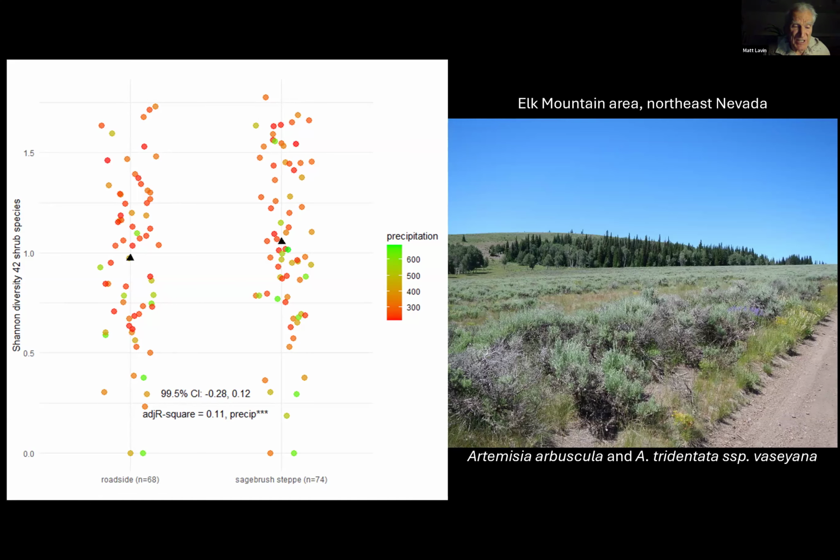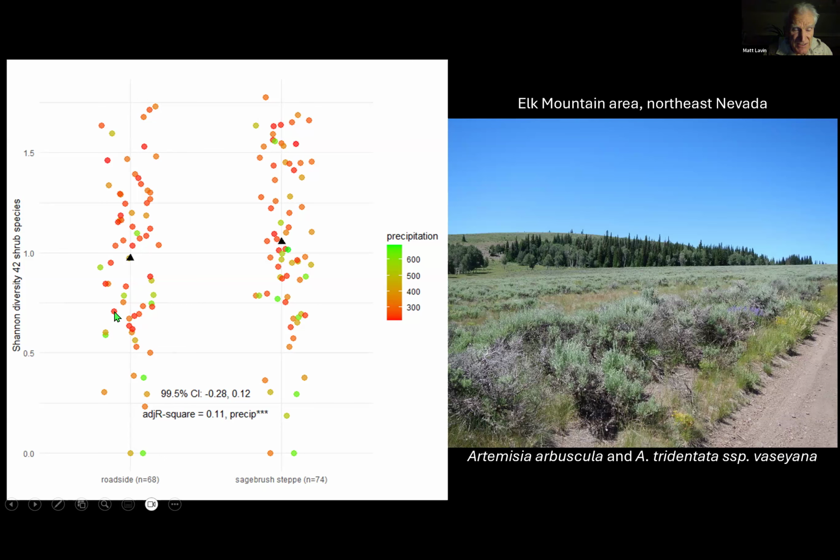The x-axis represents categories of roadside. Here, 68 transects. And sagebrush steppe transects, 74 of them. The filled circles represent a transect.